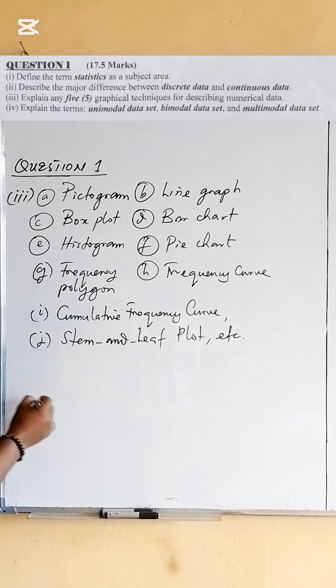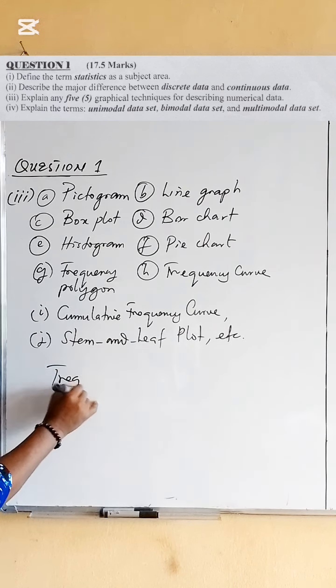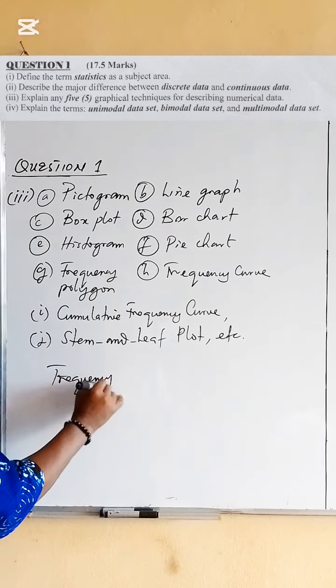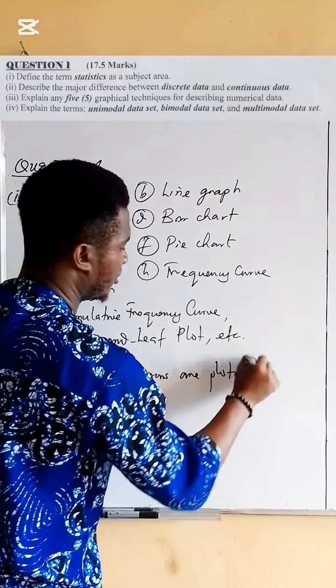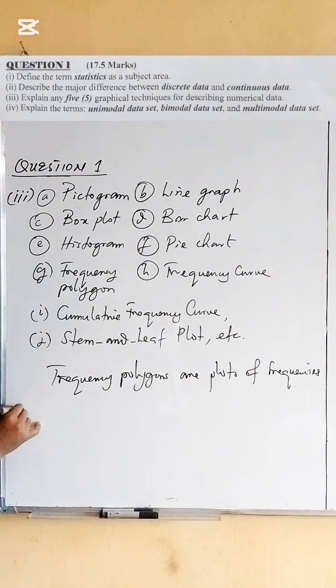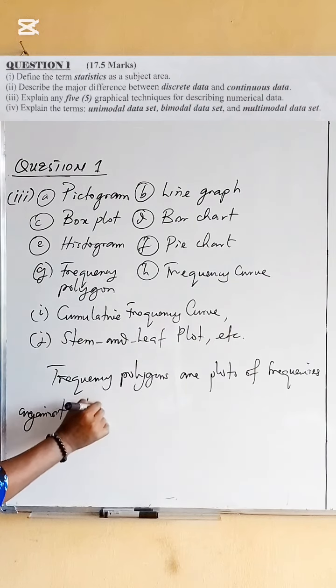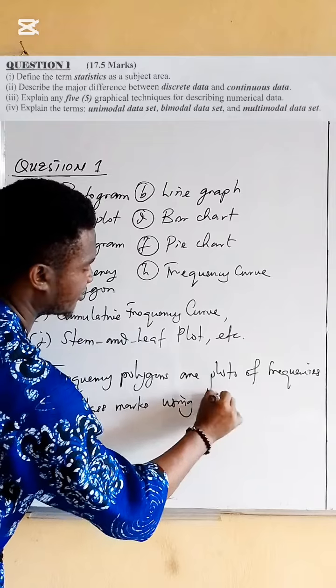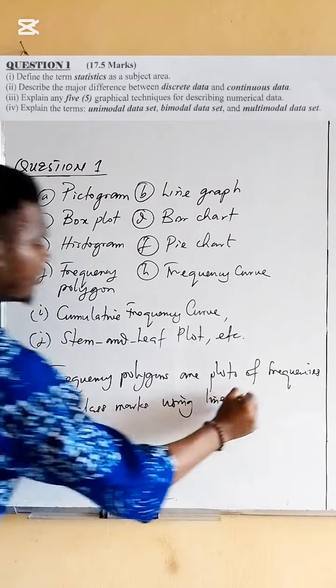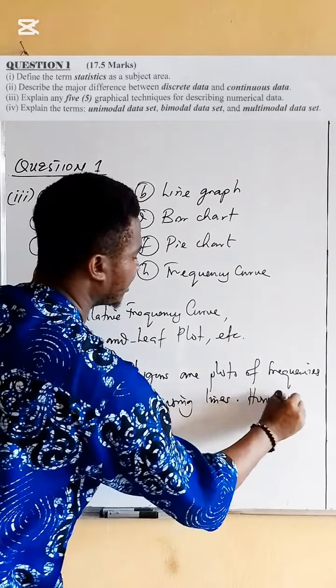So the next is the frequency polygon. Frequency polygons are plots of frequencies against class marks using lines. Okay? However, let's add to the list the second.